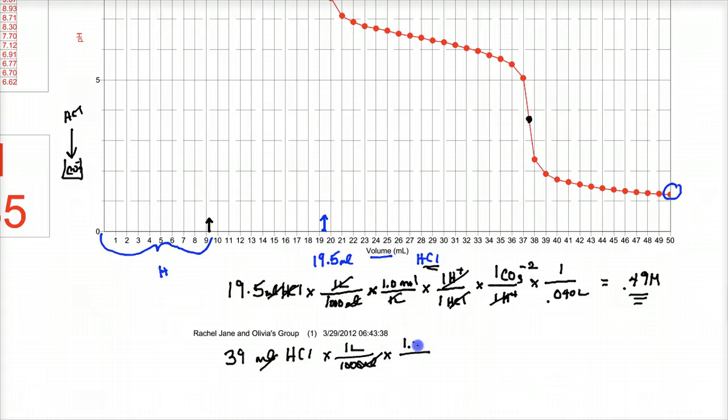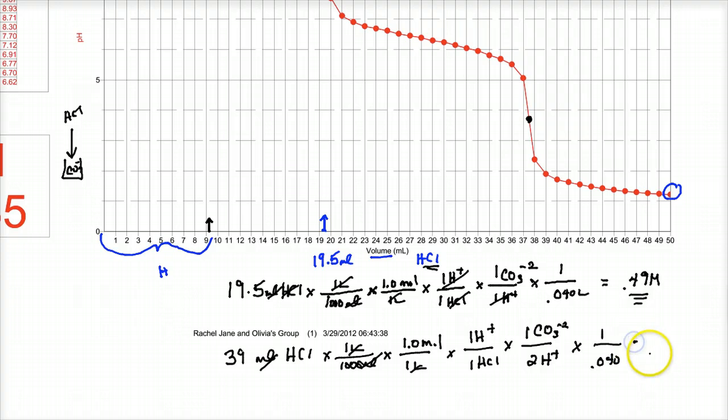So 1.0 moles for every 1 liter, liters go, and I've got moles of HCl. For every 1 HCl, there's 1 H plus. And look what I'm going to do here: for every 1 CO3 2-, it requires 2 H pluses. Then I would divide by 0.040 liters, and I would get the same answer.